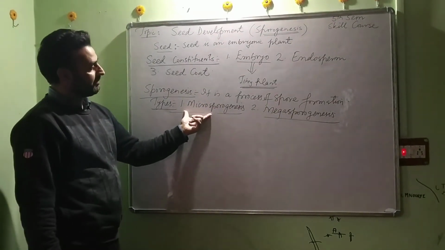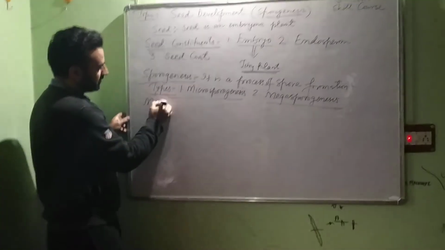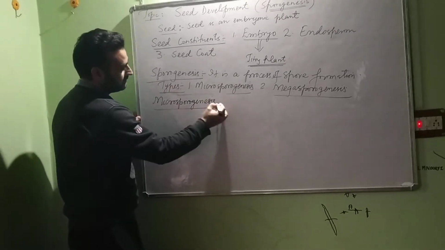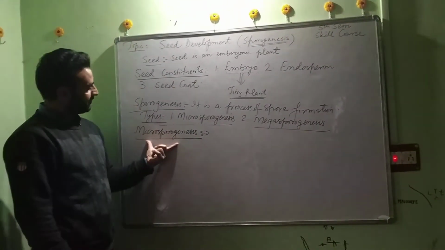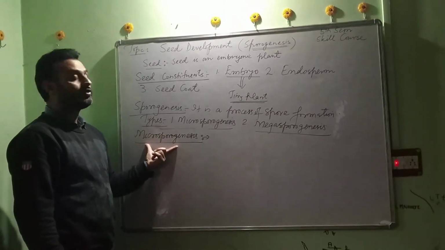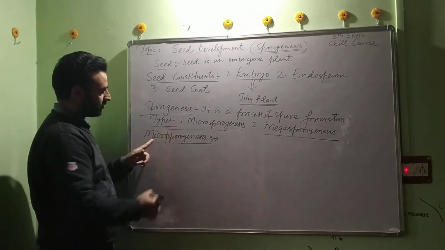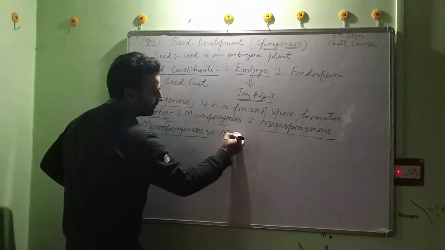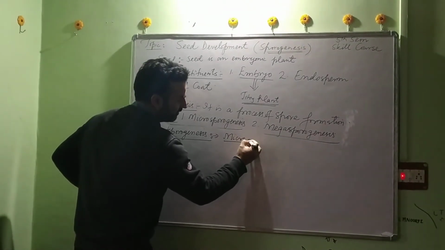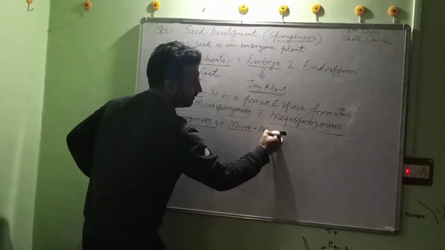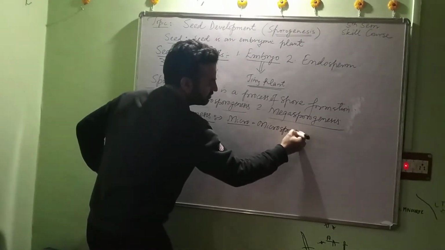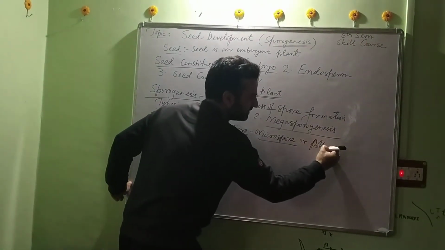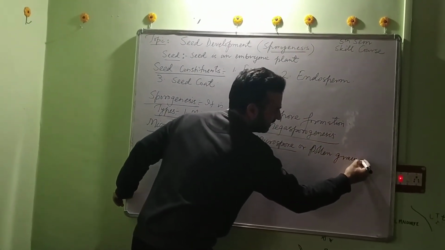First of all, we will discuss the microsporogenesis process. In the term microsporogenesis, there are two components: one is micro, another is sporogenesis. Micro here means microspore, which is also called a pollen grain.